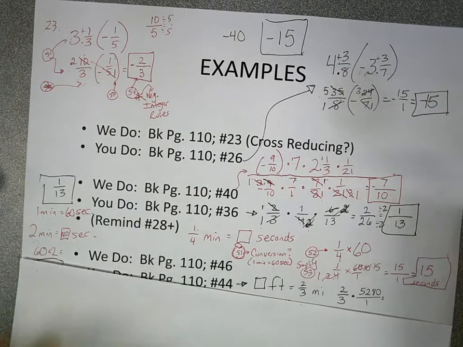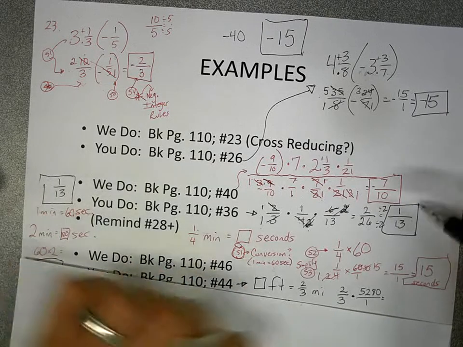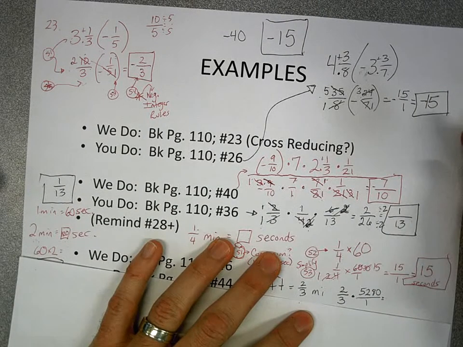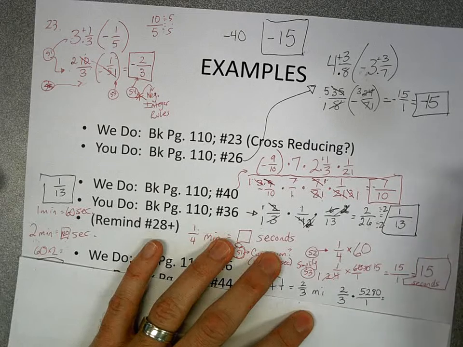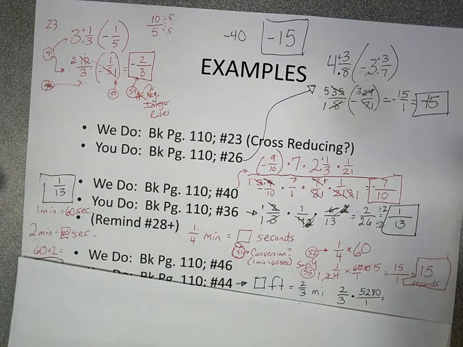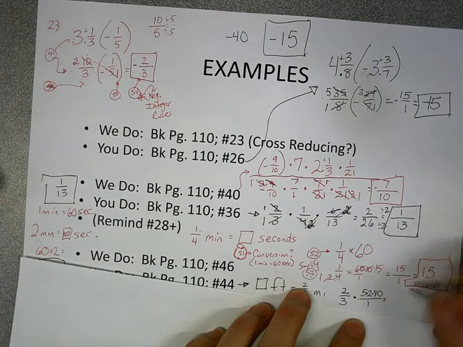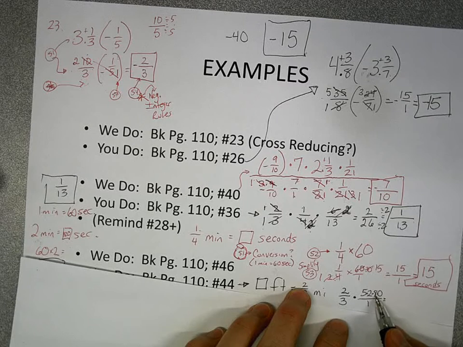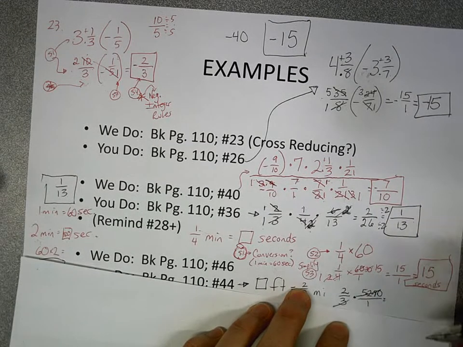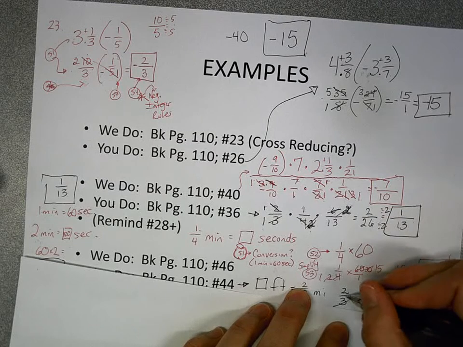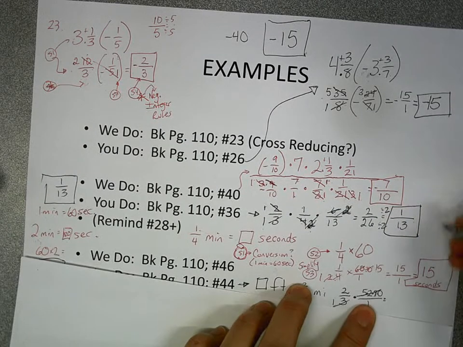Now, watch this. For those of you that need some brushing up on your divisibility rules: if a number ends in 0, you can divide by 10. If it ends in 5 or 0, you can divide by 5. If it's even, you can divide by 2. Well, if you add up the digits, 5 plus 2 is 7, plus 8 is 15, plus 0 is 15. If that number is divisible by 3, the big number is divisible by 3. Meaning, I can cross-reduce both of those. 3 divided by 3 is 1. And then this is scratch paper work over here.